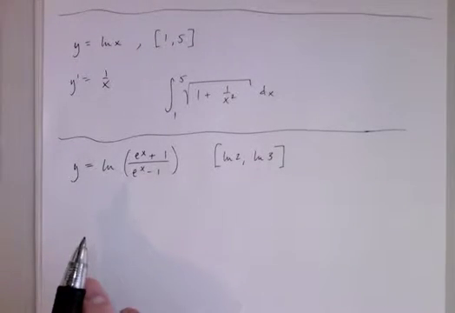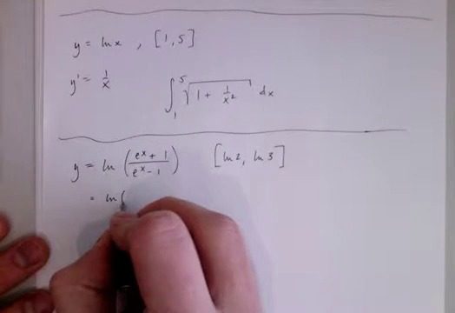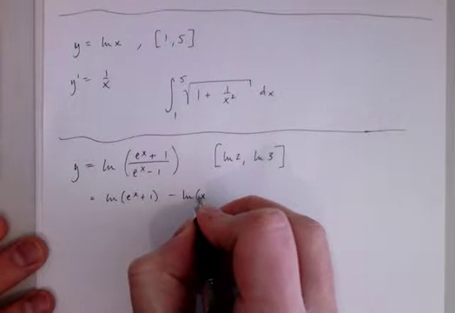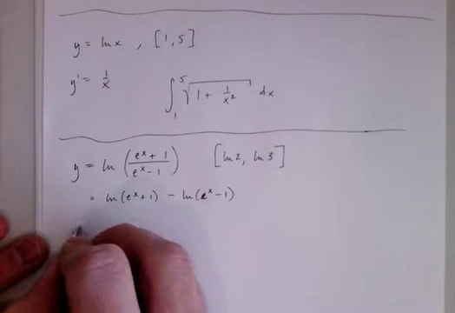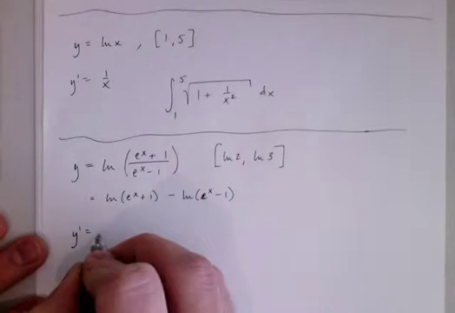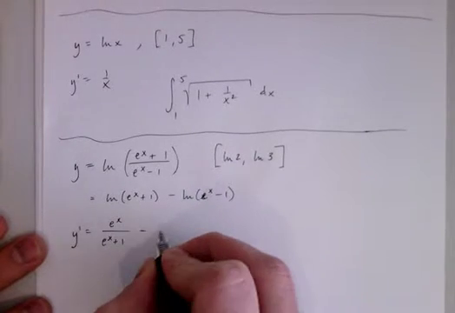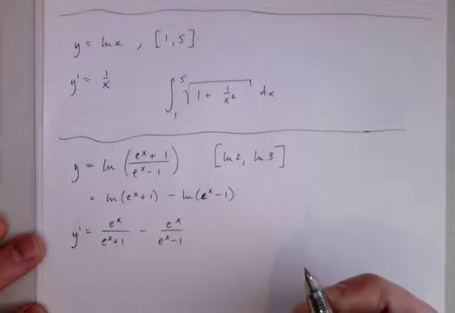Let's do ourselves some favors, and let's turn this into that first, so we can differentiate term by term. And so we have e to the x over e to the x plus 1, and e to the x over e to the x minus 1.